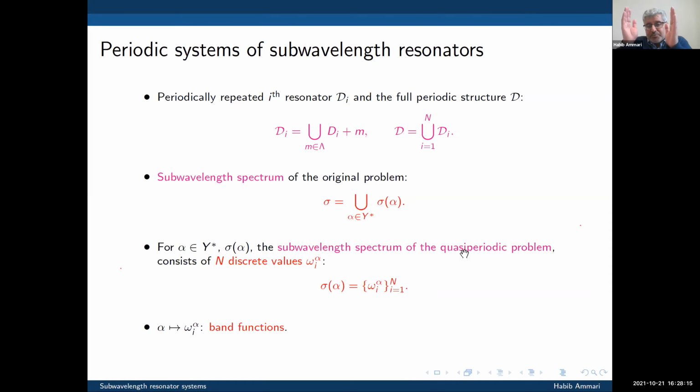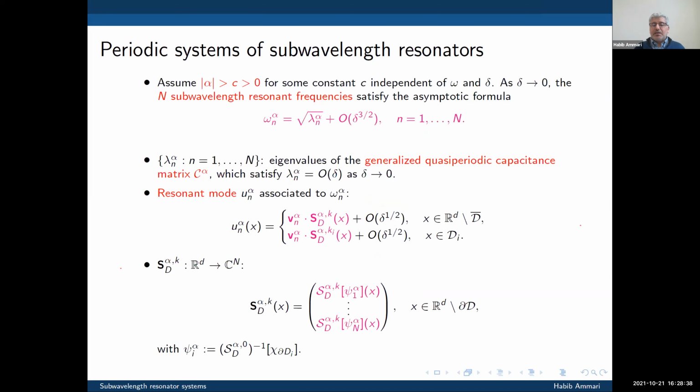For each of these quasi-periodic problems, since we have n resonators repeated periodically, we have n discrete values of omega, of resonance frequency. We have n resonance frequencies, and then we consider these eigenfrequencies as a function of the quasi-periodicity, and we obtain the band functions.